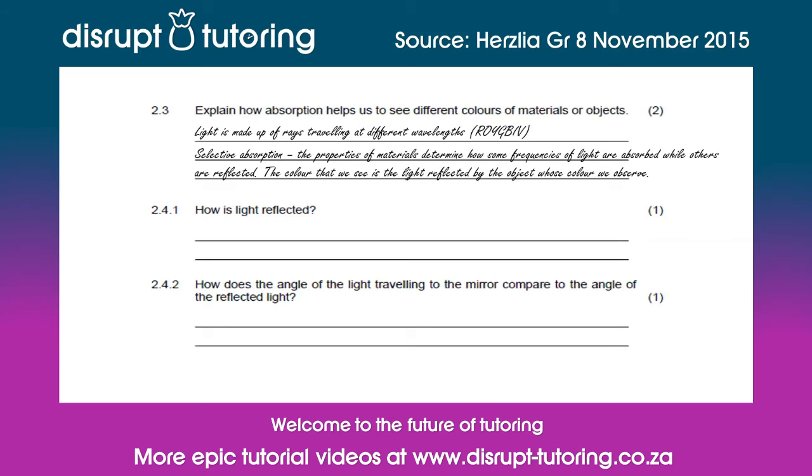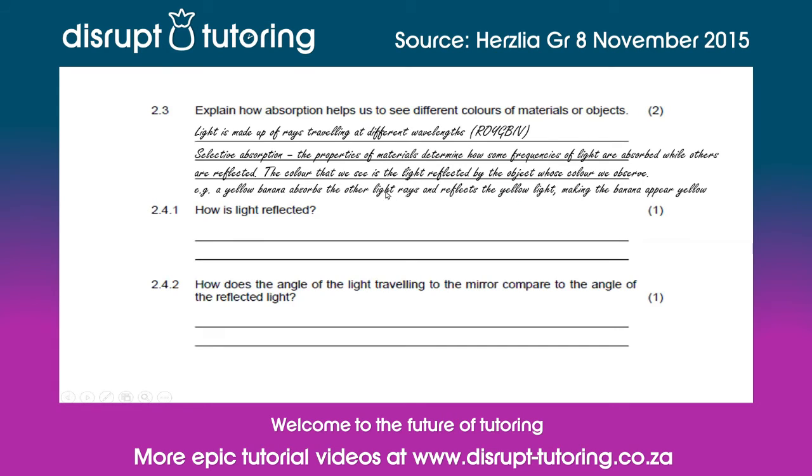It's all dependent on the particular material that is in question. And the color that we see is actually light reflected by the object whose color we observe. For example, a yellow banana absorbs all the other light rays in this spectrum and reflects only the yellow light, making the banana appear yellow.